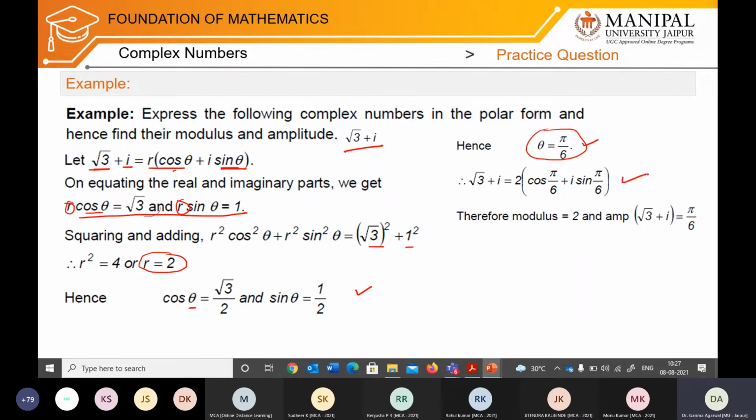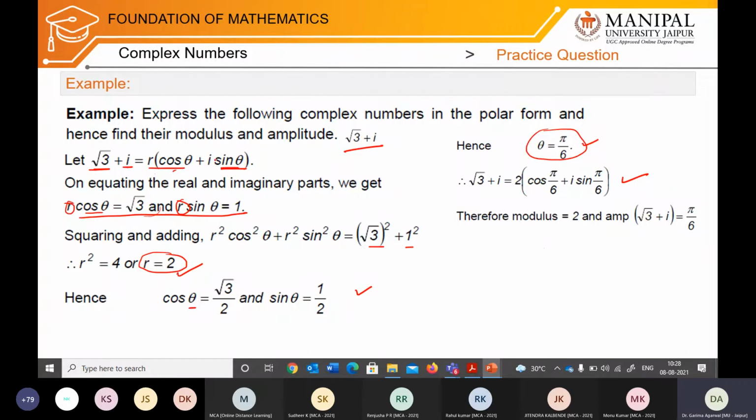Then this is the polar form. If we substitute the values of r and theta, we'll get the polar form. Then modulus, that is root x square plus y square, we can write as root 3 square plus 1, which is 2. So in that manner we can write a complex number in polar form.